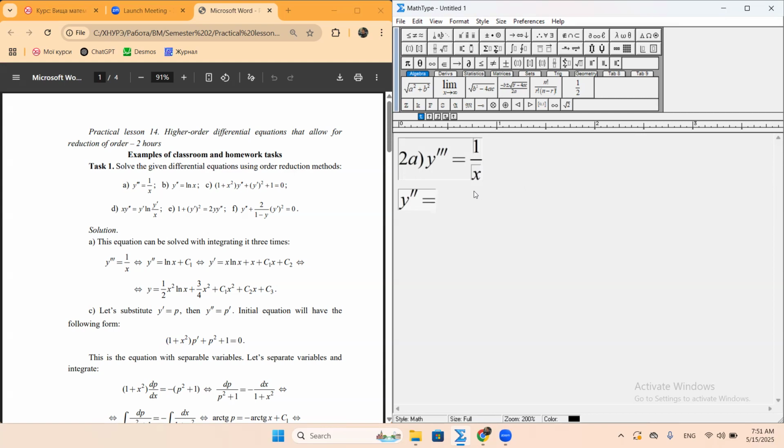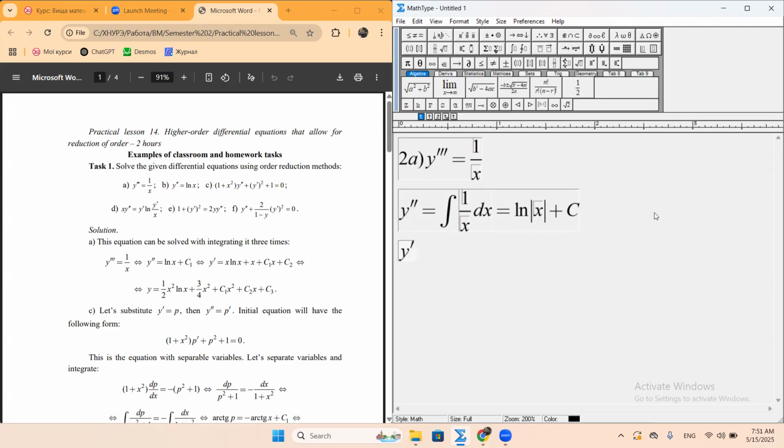And we will integrate this 1 over x. So it will be equal logarithm of x plus c. Then now we will find the second integral.